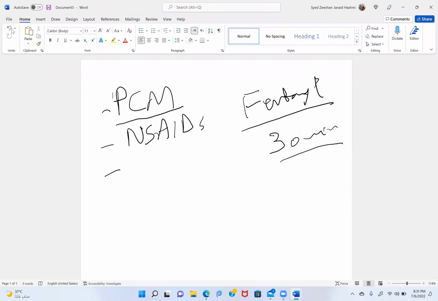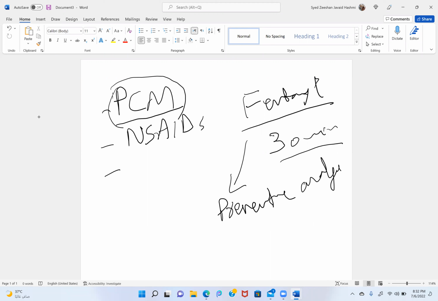So what will be the advantage? Okay, when you are giving paracetamol and NSAIDs, they have a relatively longer duration. Fentanyl is being given for preventive analgesia.